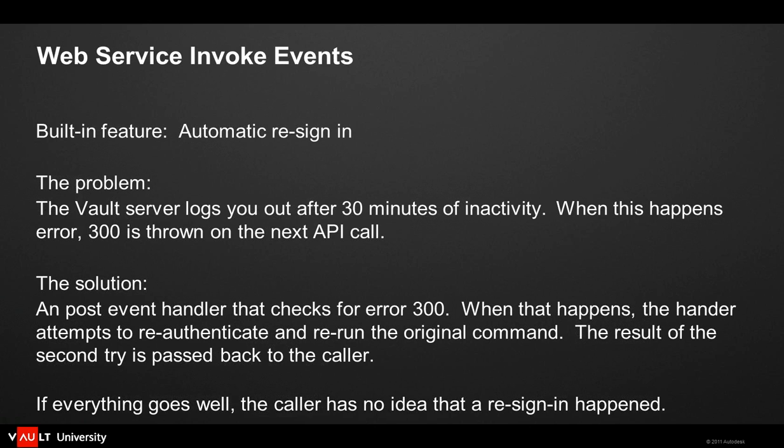And when it all comes together, it's great because the client has no idea that this happened, or not the client, but whatever the application was that made that call. Maybe it's something simple like get folder by path. The executing code has no idea that this error 300 ever happened. It's all cleaned up by the event hooks.